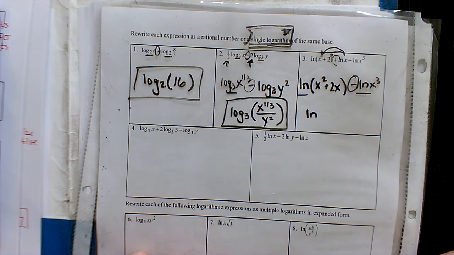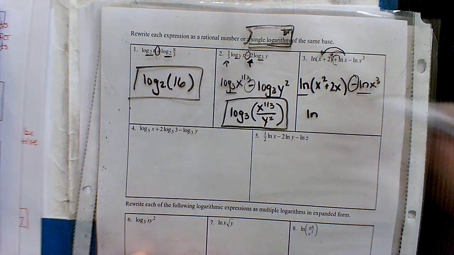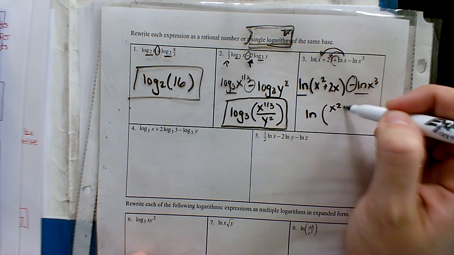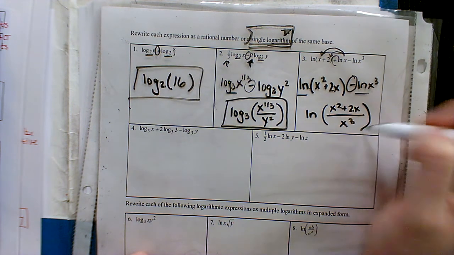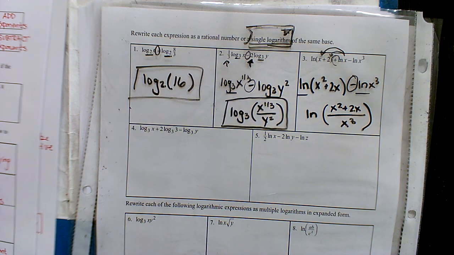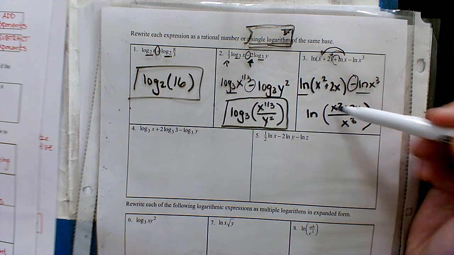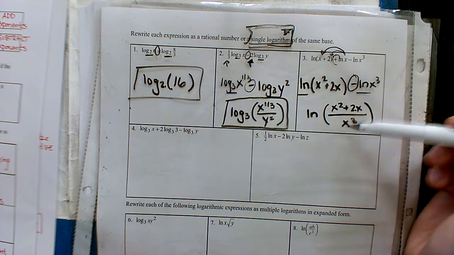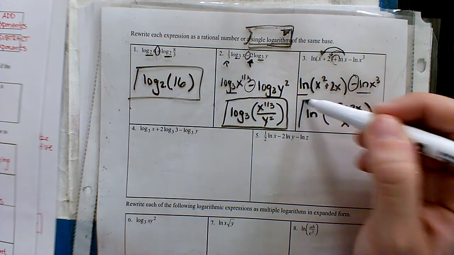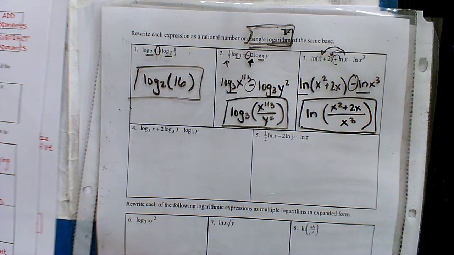What can we do to the arguments? Divide them. All right, so this would be x squared plus 2x over x cubed. Maybe we'll leave it like that. You could simplify. You can cancel out a set of x's because they all have that in common if you wanted to, but I say we'll leave it like that.